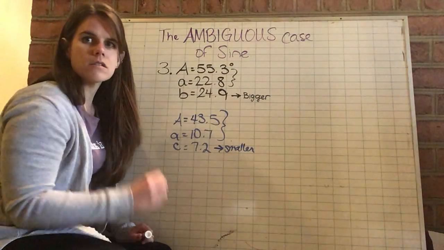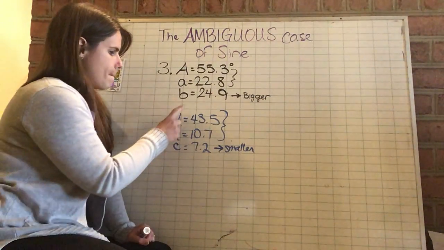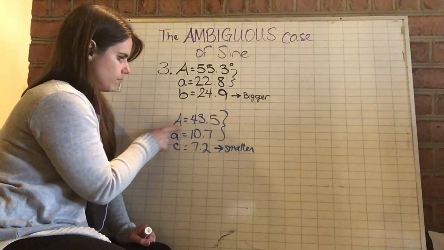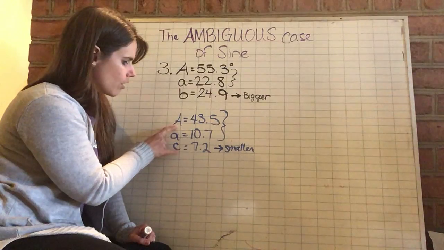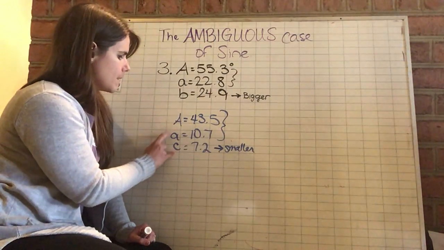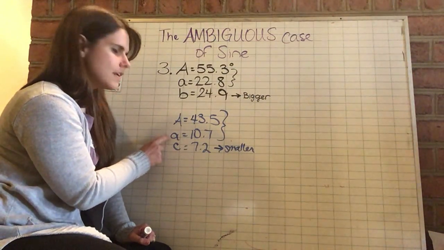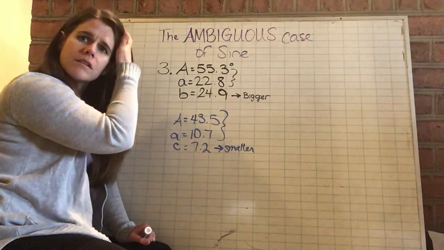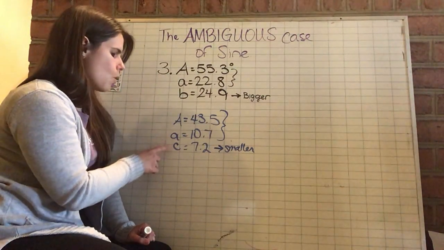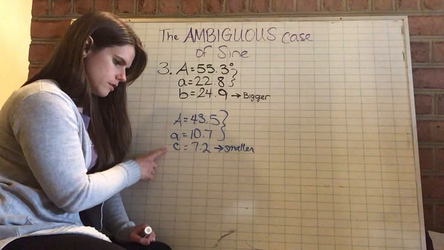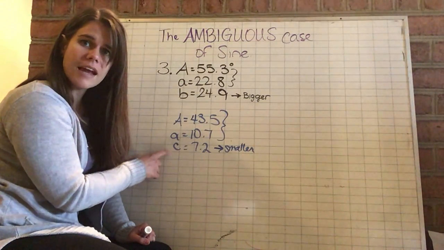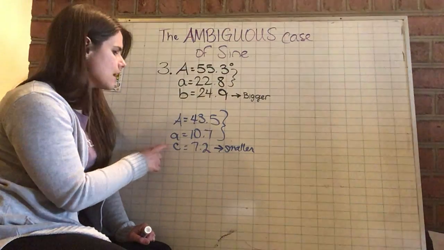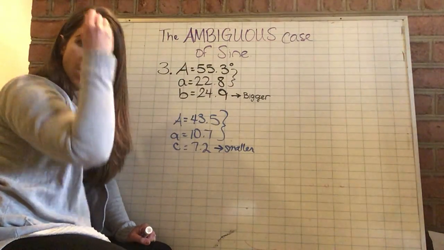That means that this angle, angle A, will definitely be bigger than angle C, because opposite of angle A is a bigger side than opposite of angle C. So if that is the case, angle C is not going to have a second possibility because angle C cannot be bigger than angle A.